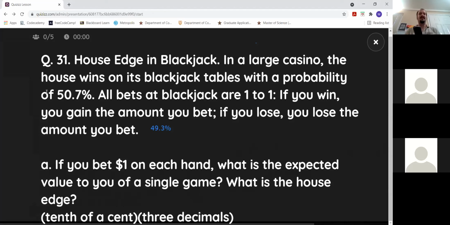So if I'm winning $1 50.7% of the time, and I lose $1 49.3% of the time, what is the expected value of a single game? Remember, we do value times probability. Convert this to a decimal, don't forget to do that: 0.507, 0.493. If you're losing, it's a negative dollar sign.